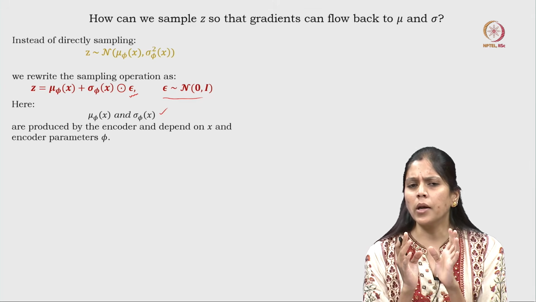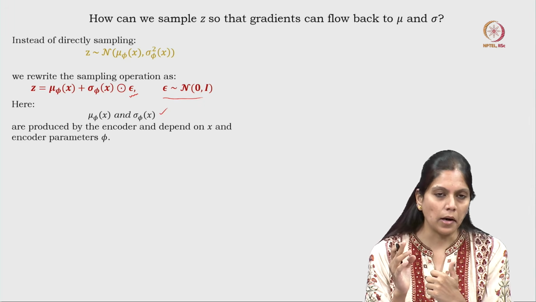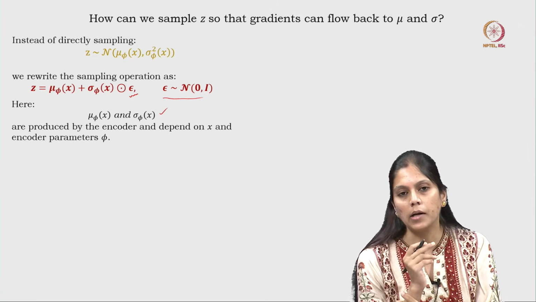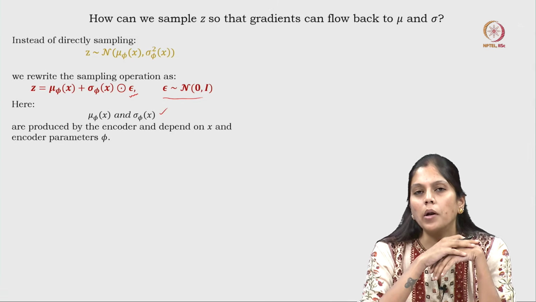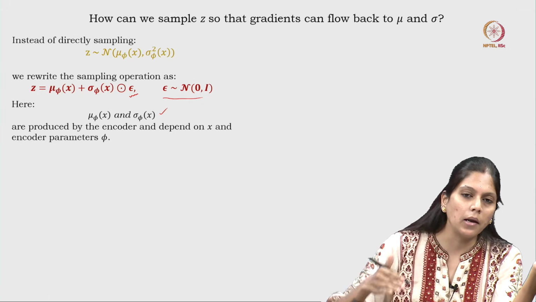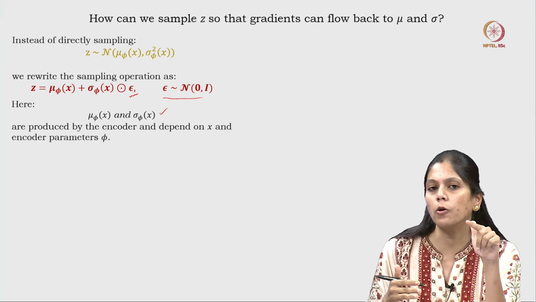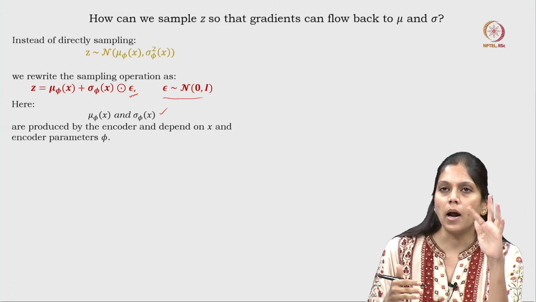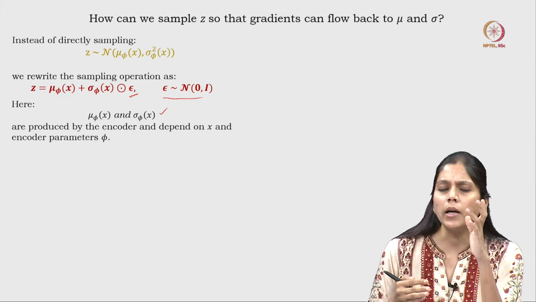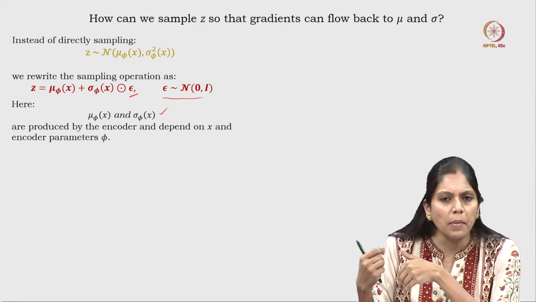Now, you can ask the question, when the encoder is already giving us a mean and standard deviation or variance, why do we require this epsilon concept? So, why do we require this epsilon? Do you agree to this? For a given input x, there exist multiple such z's, but if you write the equation for z in this particular form, then from the mean and variance the encoder is giving, if you want to generate a different z, there has to be some randomness.